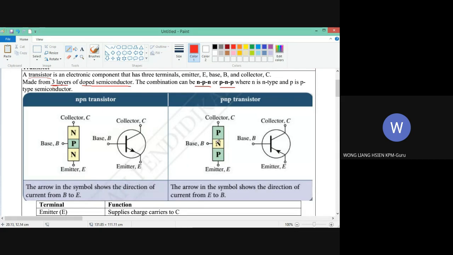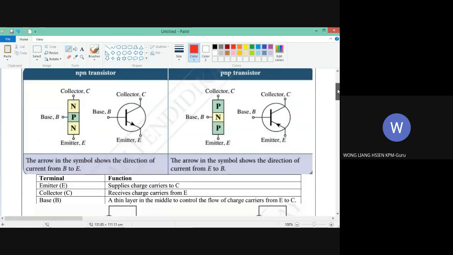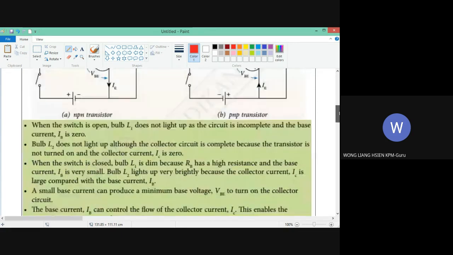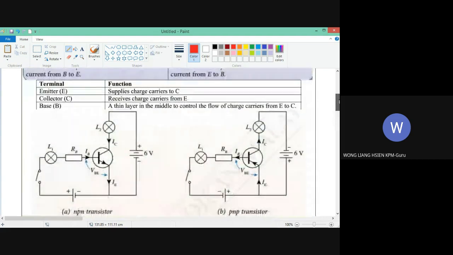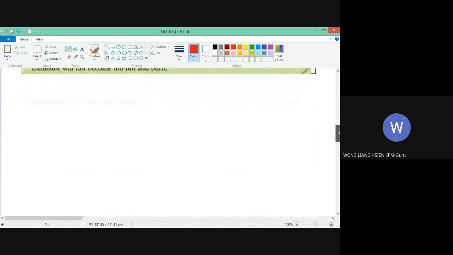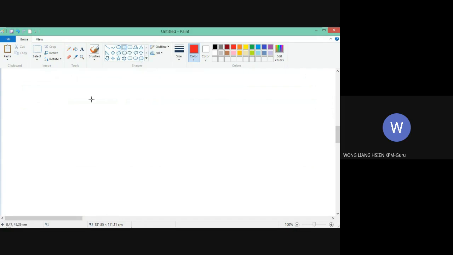So how does it work? Later we'll go through this, but we'll discuss the basic working principle of the transistor first.